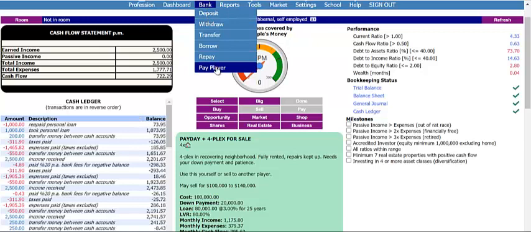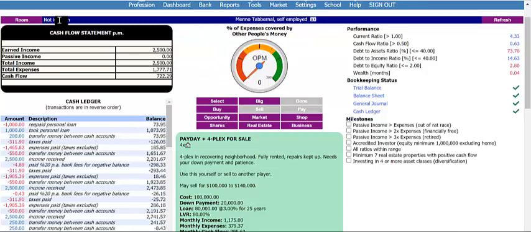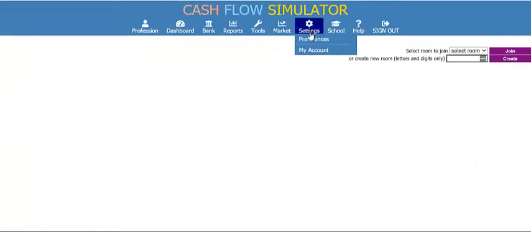And I can pay other players. So if I'm playing in a multiplayer game, I can go to a different room, and I can either select a room that's already playing, which there isn't one at the moment, or I can create a new room. I can type in a name, create that room, and have other people come and join me.